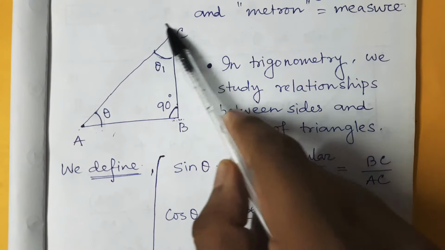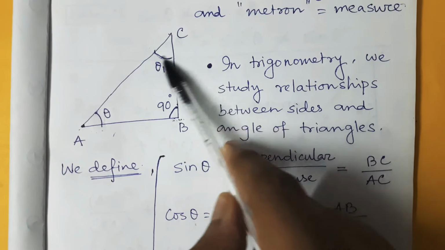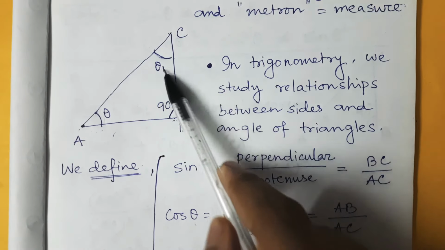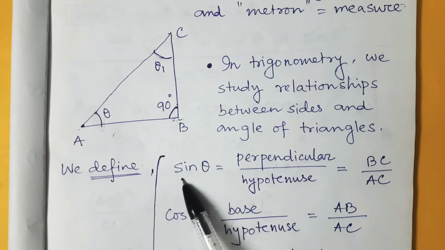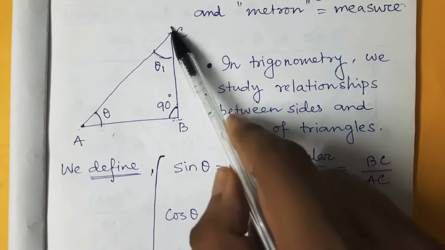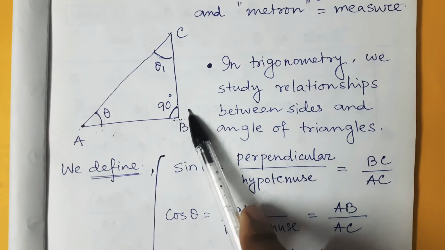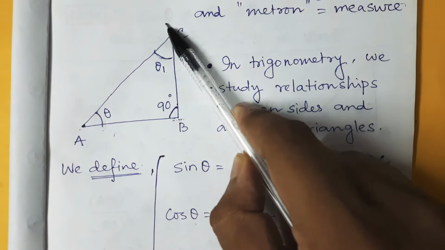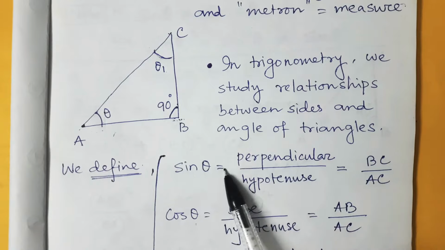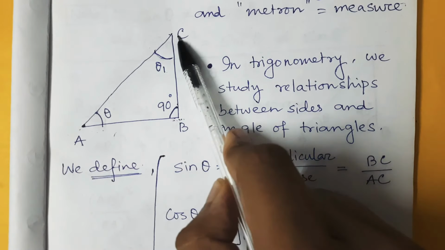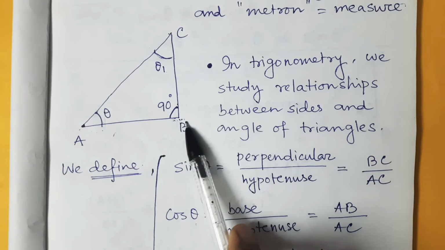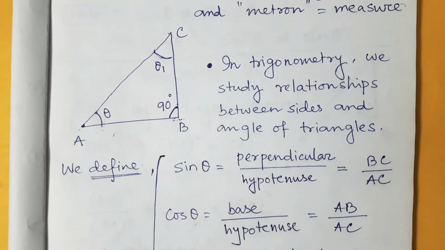If we are considering this angle theta 1 and trying to find the value of sin theta 1, then this will be the base, this will be the perpendicular, and this will be the hypotenuse. Then sin theta 1 will be AB by AC, isn't it? Because this is the perpendicular right now. Similarly, cos theta, tan theta, cot theta and other ratios will also change.